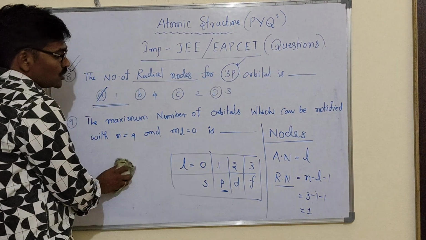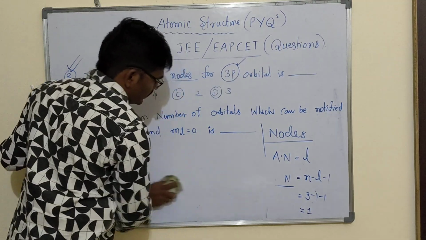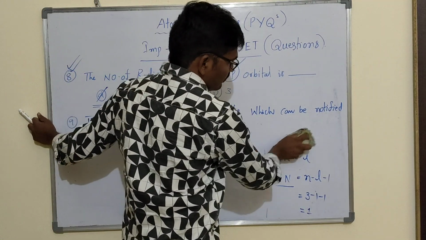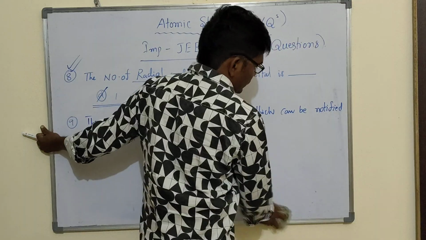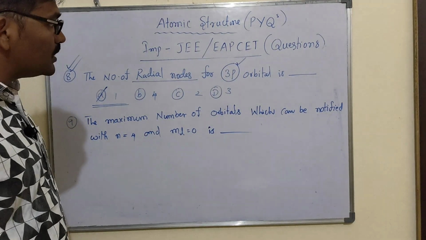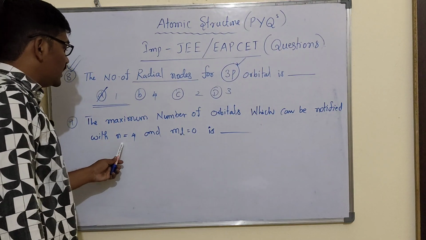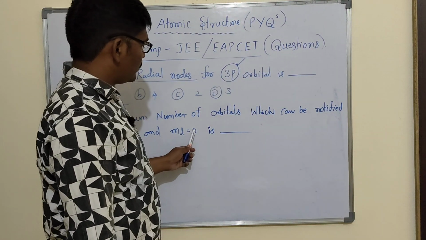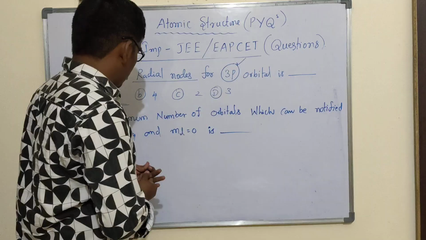Now the next question is based on quantum numbers. The maximum number of orbitals which can be identified with n equals 4, ml equals 0.